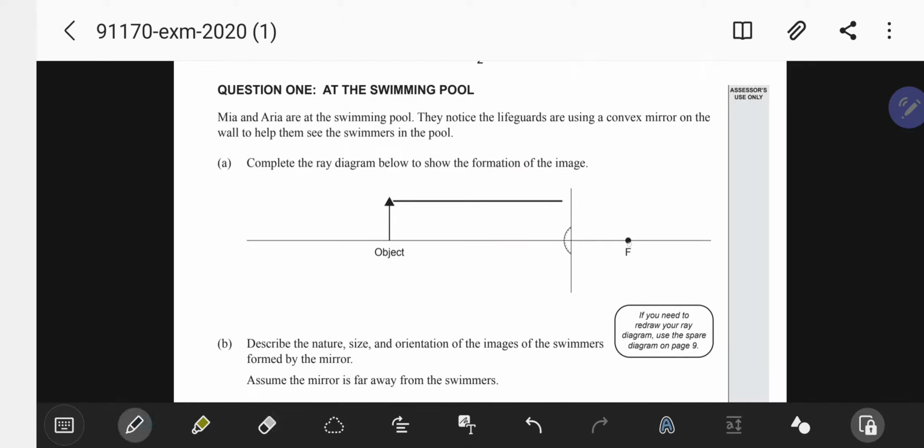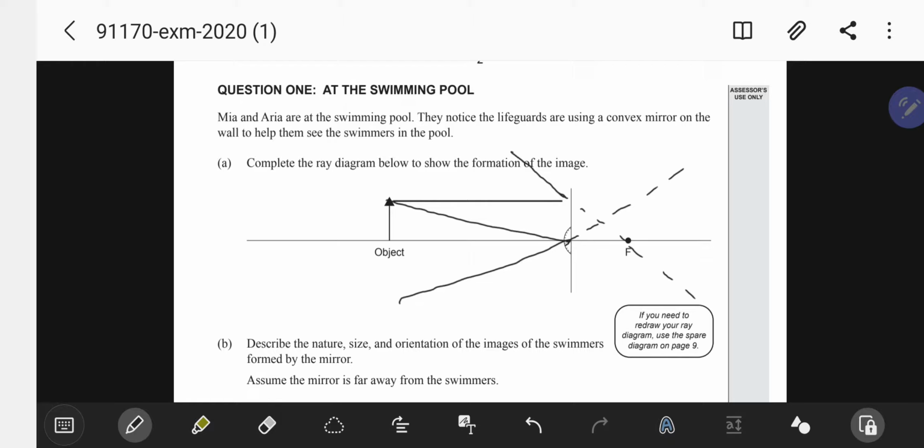It's going to be like this, and we can do one straight to the pole like this, and it goes through here.